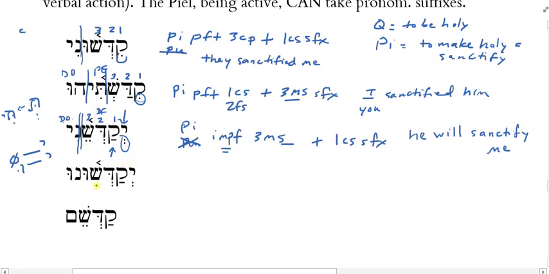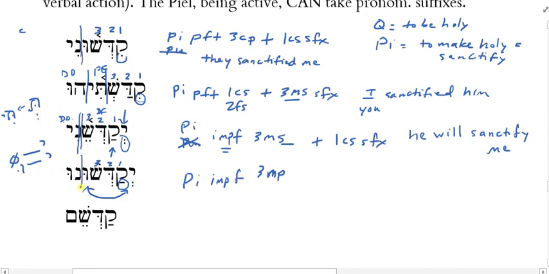Okay, look at the fourth one. Yekaddeshunu. We have this yekaddesh issue, but now I've got yekaddeshu. I have the yod prefix and the shureq on the back end. This is 3MP, right? I've got my three root letters. This tells me it's got to be the Piel, not the Pual.